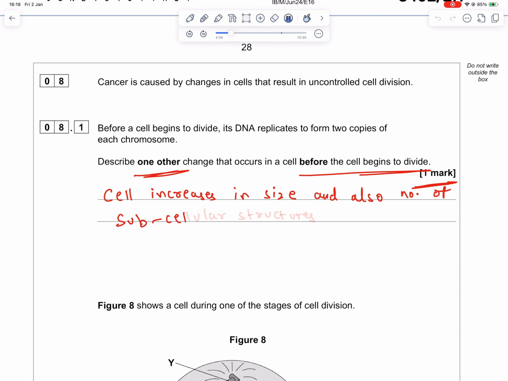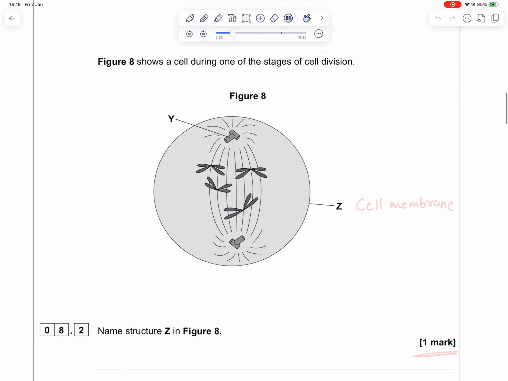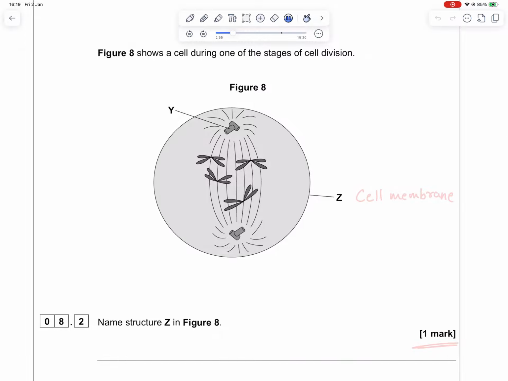So instead of just writing subcellular structures, you can pick any, for example ribosomes, mitochondria, or any subcellular structure. Now remember, only one change is needed. Writing more does not give extra marks. And because of this, when the cell splits, both the daughter cells are going to get an equal amount of subcellular structures. Very well done. Now let's move on to question 8.2.